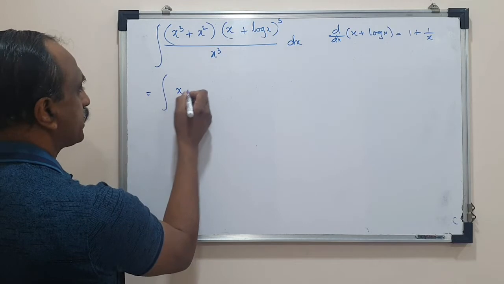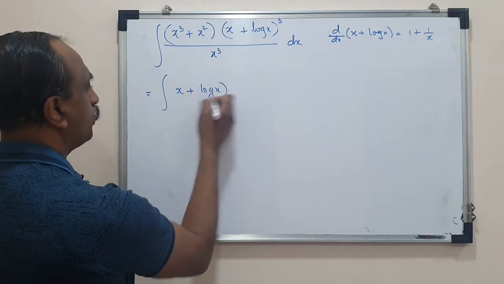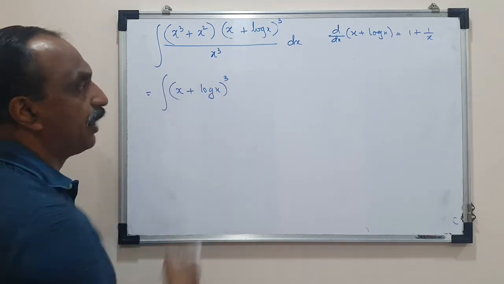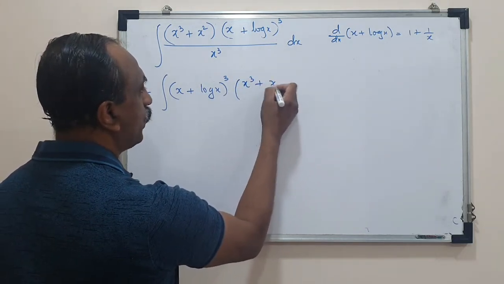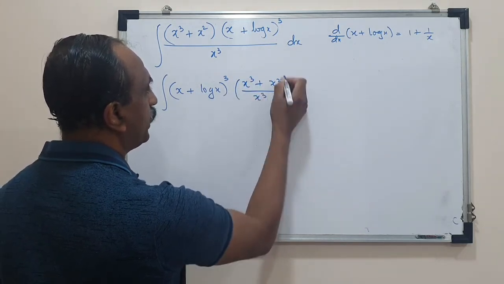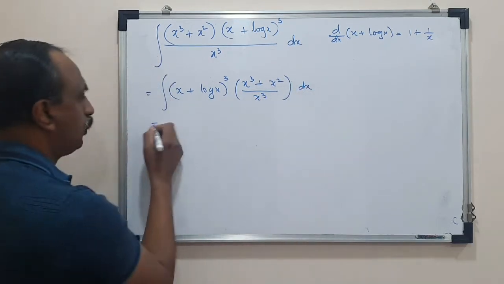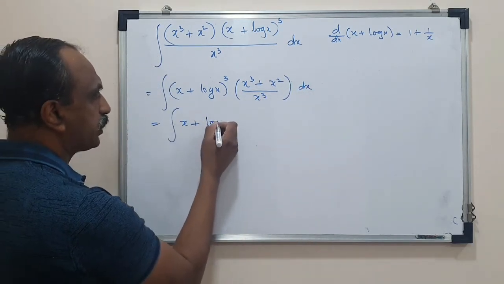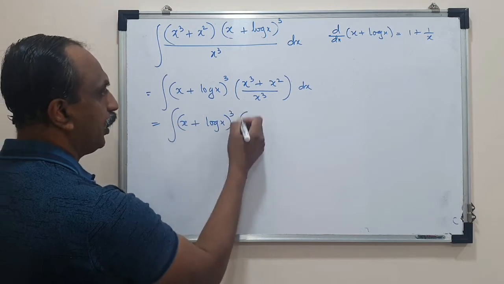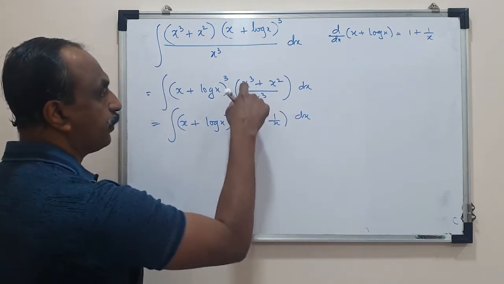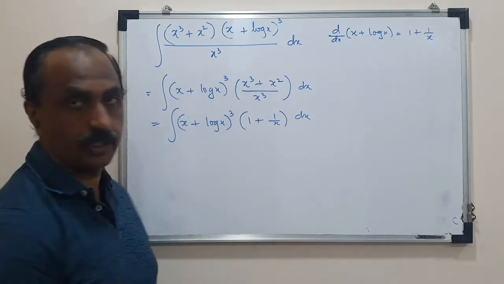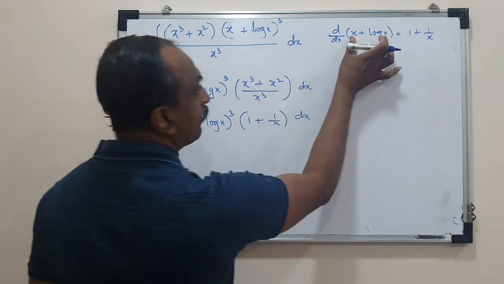So I write this as x plus log x the whole cube, because this is going to be our base and power, and x cube plus x square upon x cube, I take together. Now this became x plus log x the whole cube into 1 plus 1 by x. When I separate, x cube upon x cube became 1, x square upon x cube became 1 by x. Now I have got the derivative.